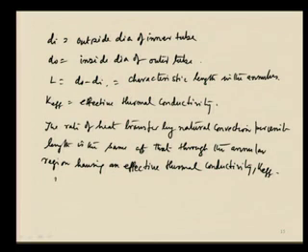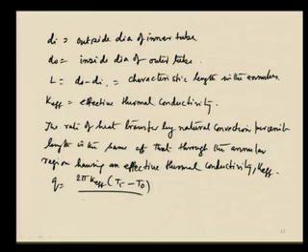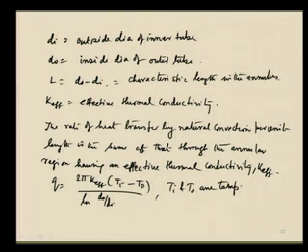Okay. So, Q equals twice pi K effective into Ti minus To by ln dO by di, and Ti and To are temperatures of inner and outer cylinder walls.